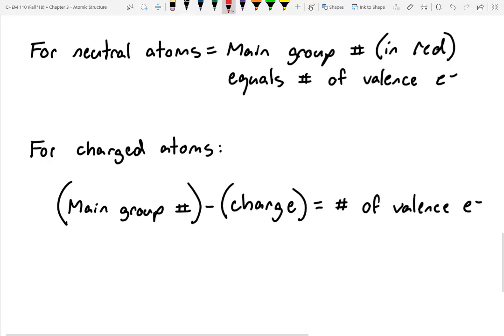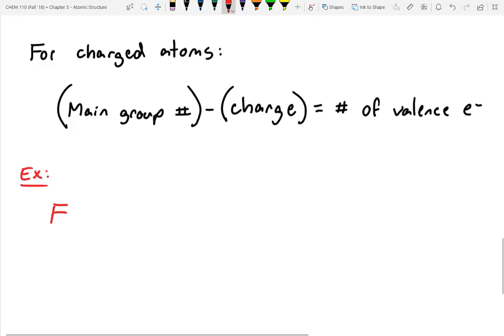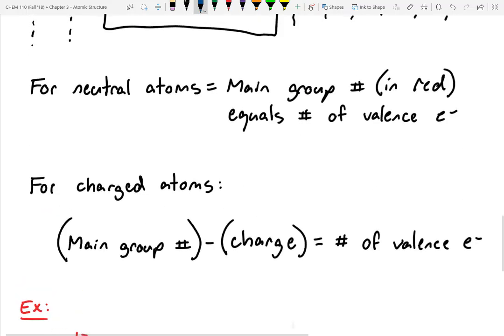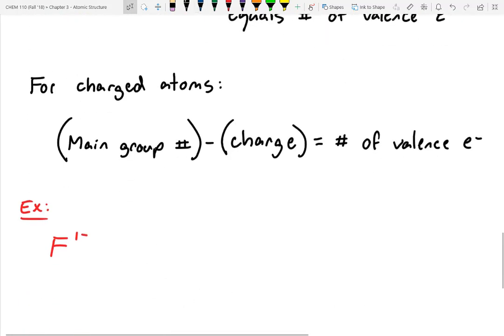So let's do an example of this, and I'll show you how to do this quickly with charged atoms. Let's think about fluorine that is 1 negative. What's the main group number for fluorine? If we count our rows and go over, we said that that was in 7, so the main group number would be 7.